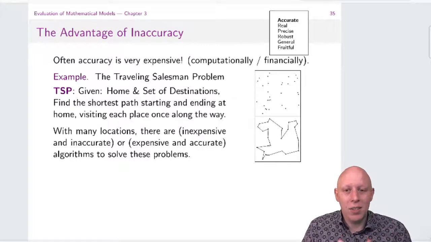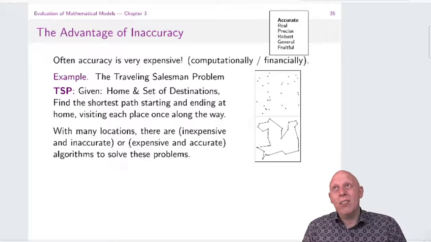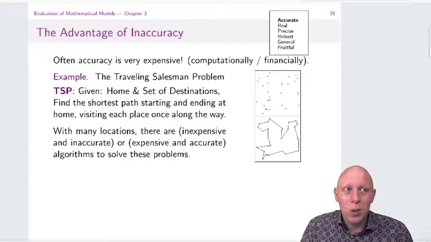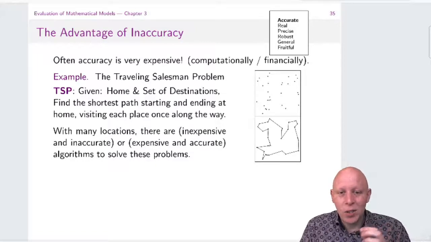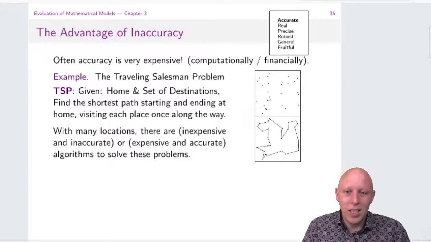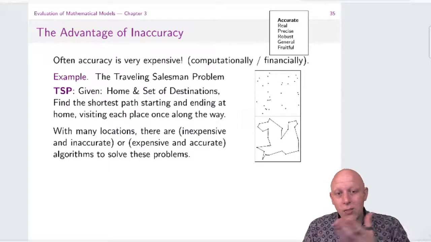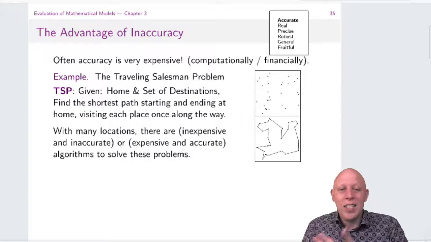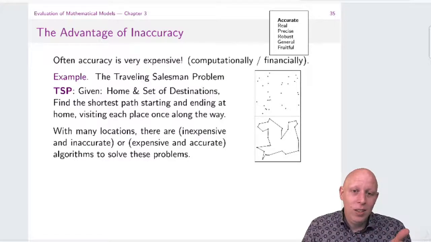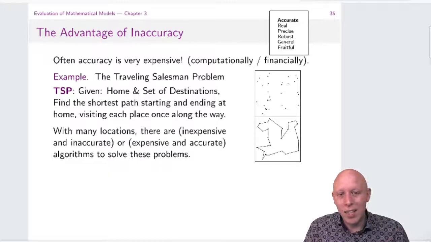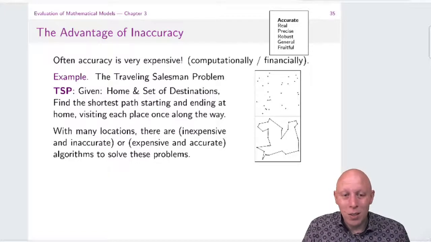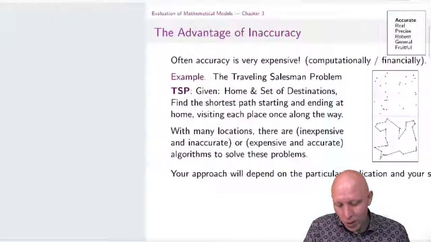And it's a fast algorithm. But the other thing you could do is you could run a computer program that gives you the exact answer, but it takes a long time, and it takes a lot of computer power to solve that problem. So there's a trade-off. Do you want a slightly better answer for more expense? And so that's a cost-benefit analysis that you'd have to do.